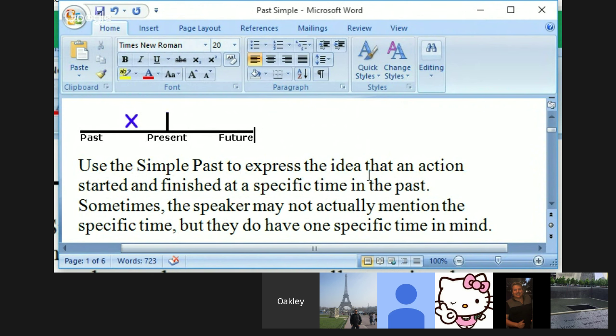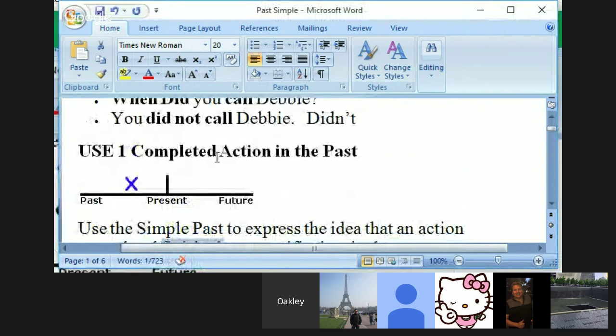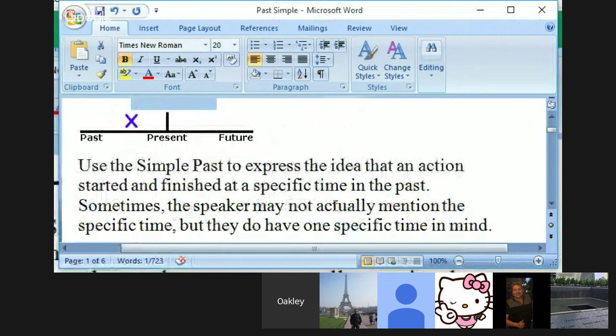Sometimes you have a choice as the speaker or writer if you want to use simple past or you want to use present perfect. The choice of simple past, I have to emphasize, is that this action is finished, done, over. You don't really care about it anymore. It's done.